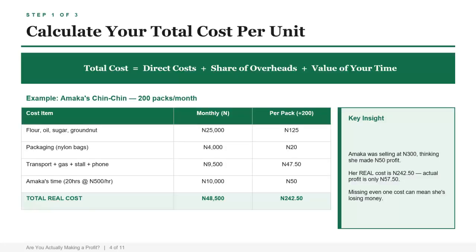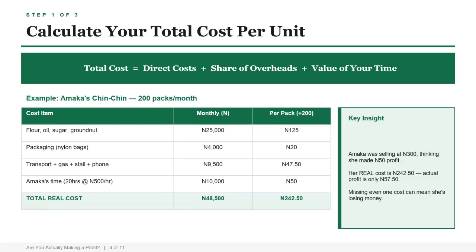An example here is Amaka, who makes chin chin and makes 200 packs per month. Let's identify our cost items: flour, oil, sugar, groundnut. Monthly she invests 25,000 naira in buying these things.